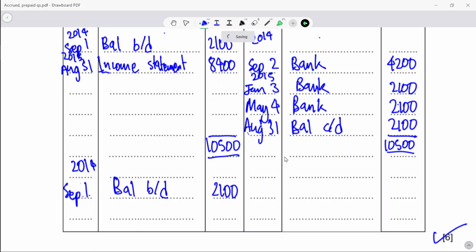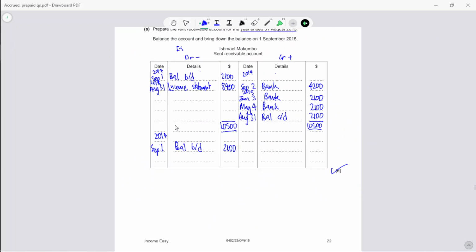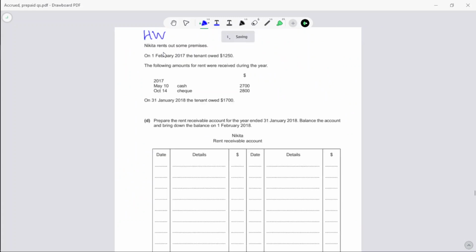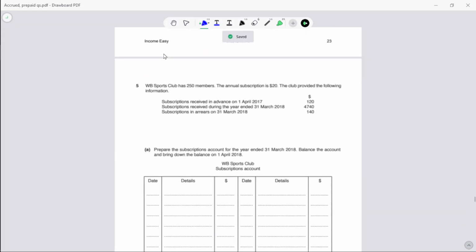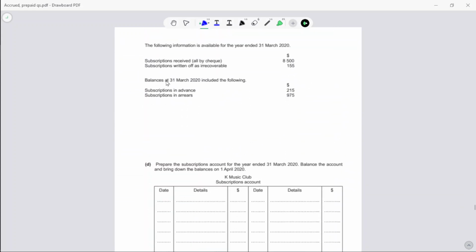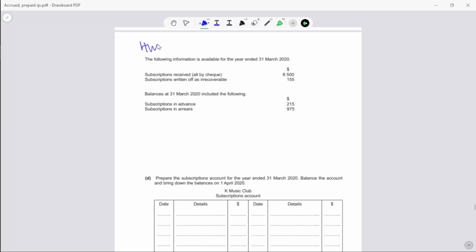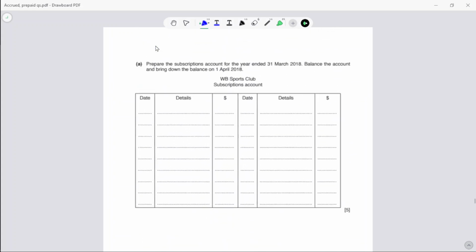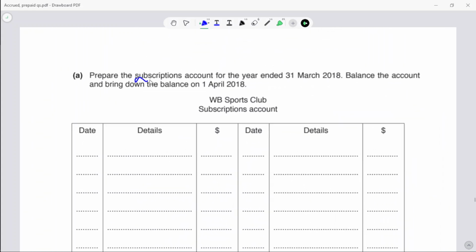The remaining questions are homework. This one also homework. What I would like to say is this one is subscription and income, so be careful about that.